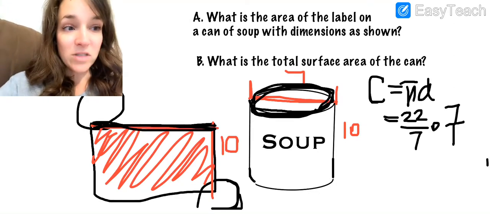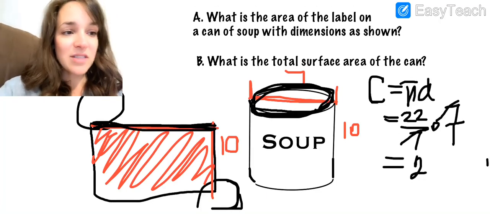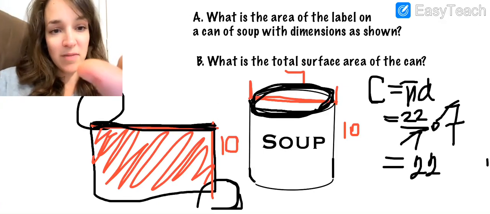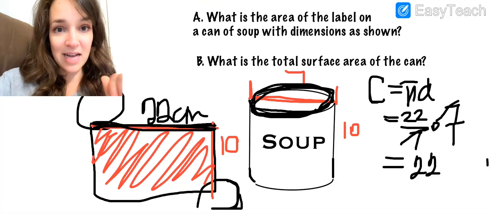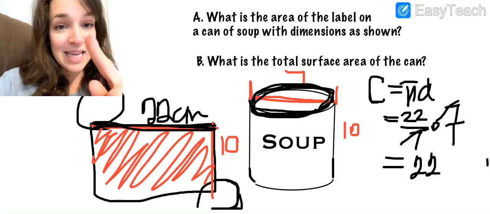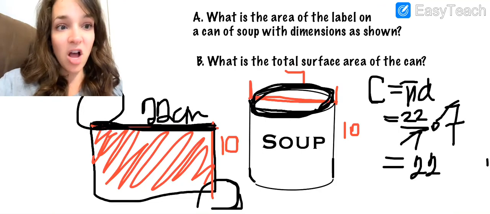Now when I multiply, I can cross simplify my 7s, which would give me a circumference of exactly 22 centimeters, which would make my distance of this side over here exactly 22 centimeters. Because again, this side right here is really just the stretched out version of the distance around that circle.